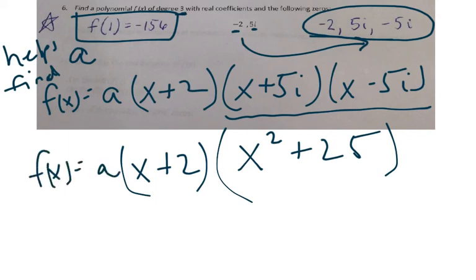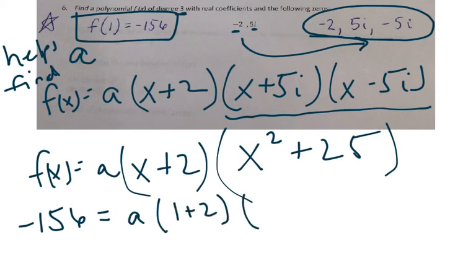Then they tell us that f of 1 is equal to negative 156. So I can replace all my x values with 1 and replace f of 1 with negative 156. So negative 156 equals a times 1 plus 2 times 1 squared plus 25. Well, 1 squared plus 25 is 26, and 1 plus 2 is 3.